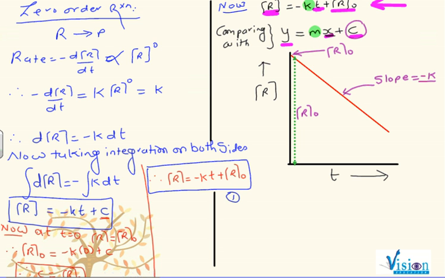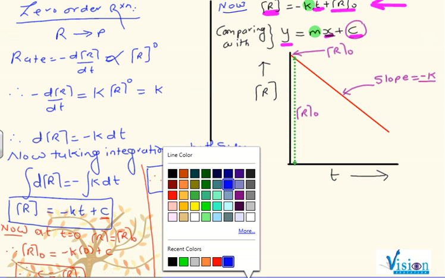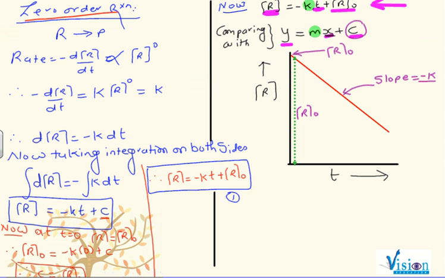So simple thing मैं अगर आपको बताऊं, for a zero order reaction, R to P, rate equal to minus dR by dt is proportional to R0. That means minus dR by dt equals to k into R raised to 0, which is equal to k. And if we bring dt to the other side along with the negative sign, dR equals to minus k dt. Now taking integration on both the sides, we get R equals to minus kt plus c.